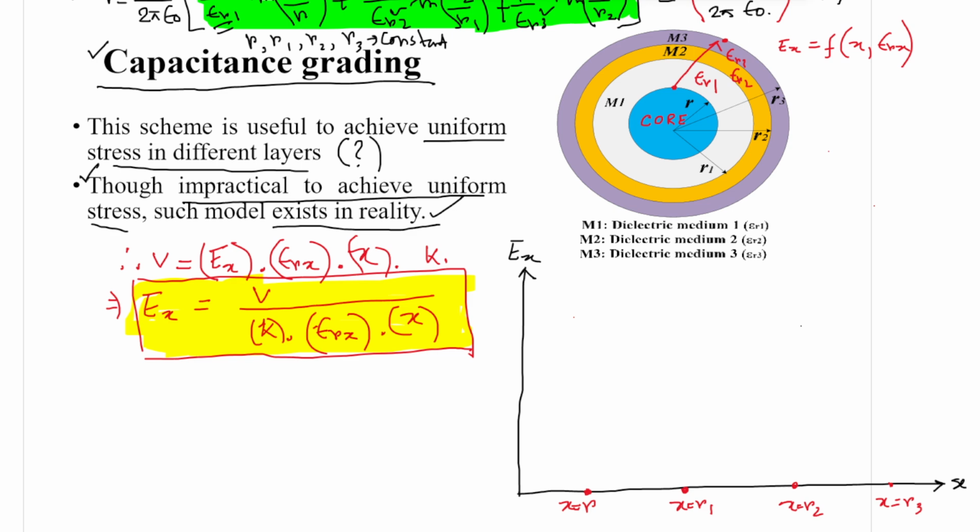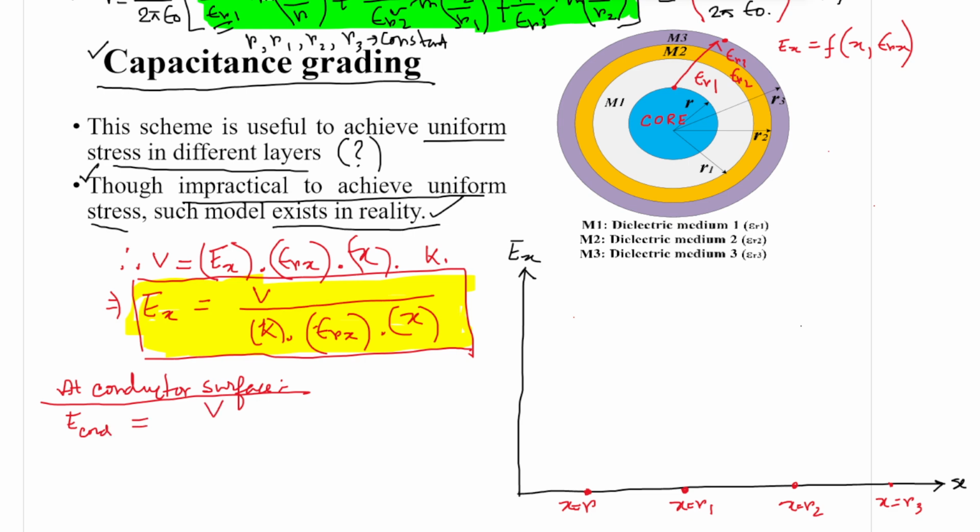Now at the conductor surface, what will be E? Let us write it down.